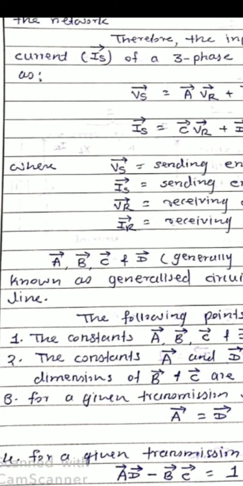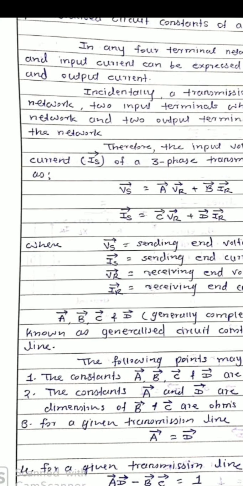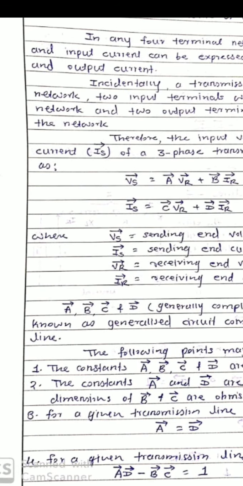Third, for a given transmission line A is equal to D. Fourth, for a given transmission line AD minus BC is equal to 1. We have to remember these points when solving the equations.